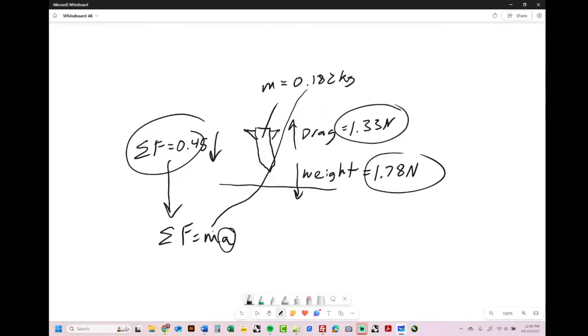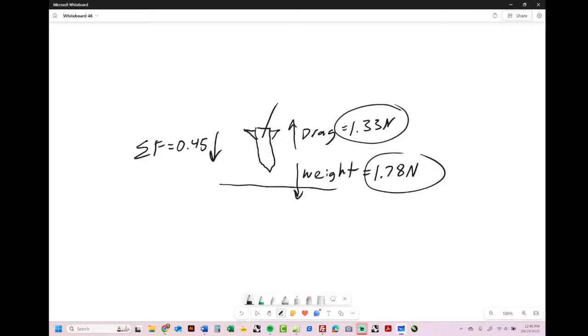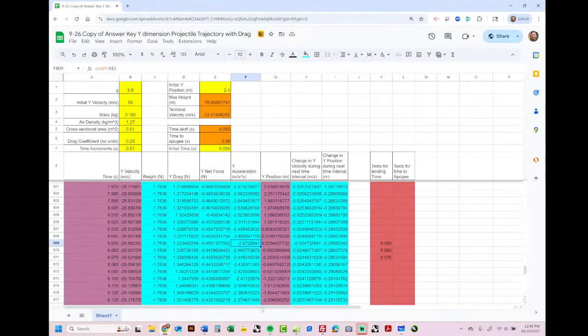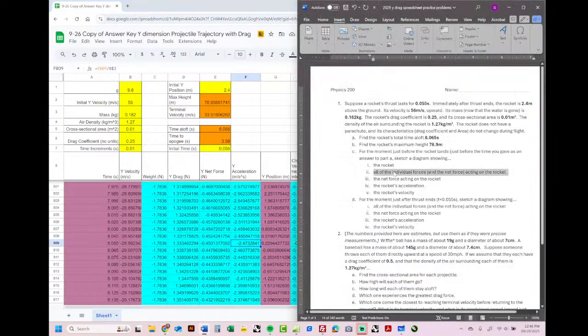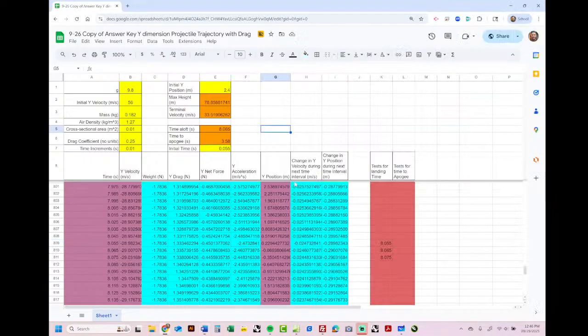So again, erase all this stuff. Acceleration is 2.47 downward. Let me check. Did I do that right? Yeah. All right. So I've taken care of the individual forces, the net force, the acceleration, and now the velocity.